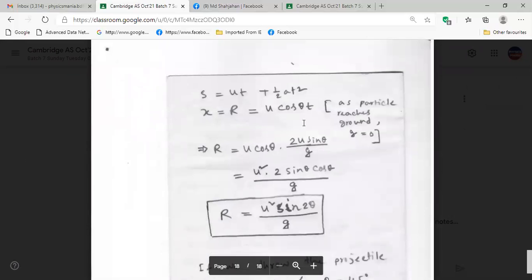Now we are replacing that t here, 2u sin theta by g. Is it clear to you how it came? So we have here u cos theta, then 2u sin theta divided by g. So you have u and u multiplied, we can say u square. Can you write right here u square?